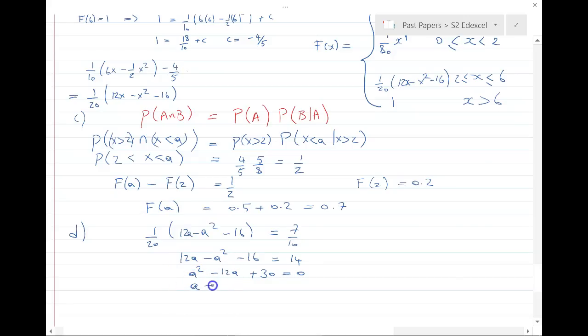So it's (a minus 6) squared, take away 36, plus 30 equals 0. So we have (a minus 6) squared equals 6.